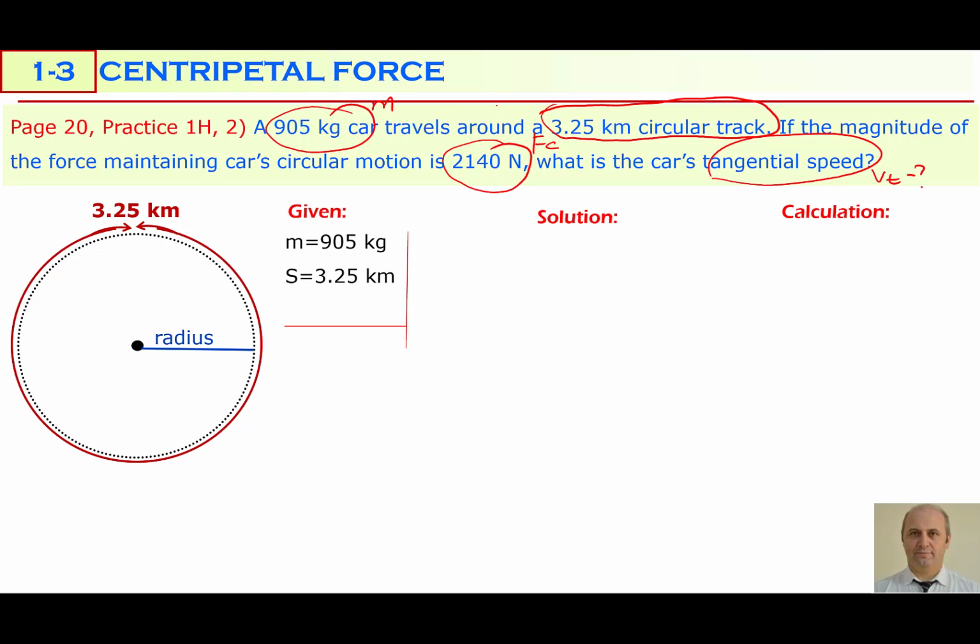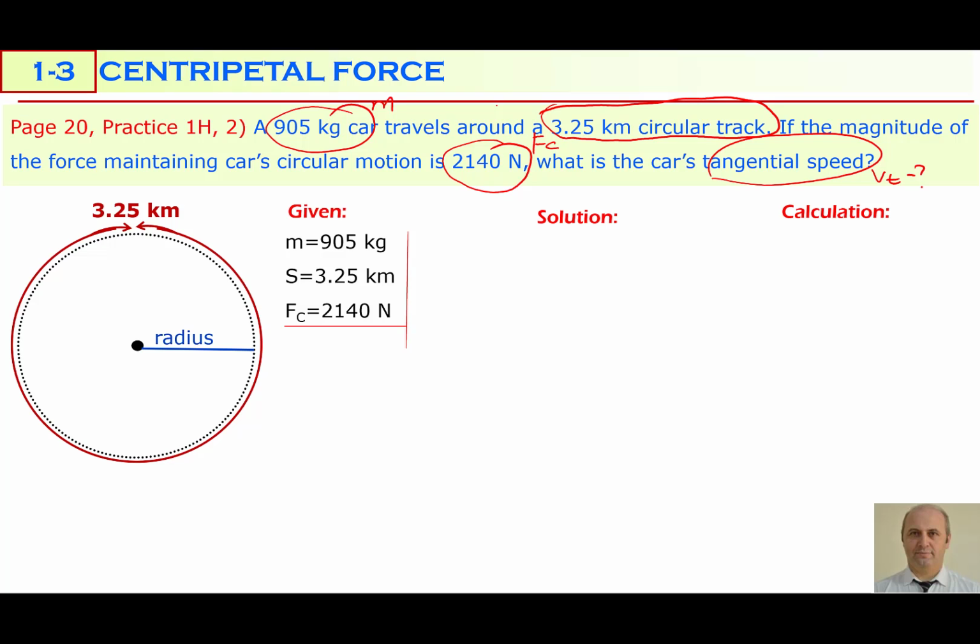So S is equal to 3.25 kilometers. But the kilometer is not an SI unit, that's why we have to convert kilometers to meters by multiplying by 1000.